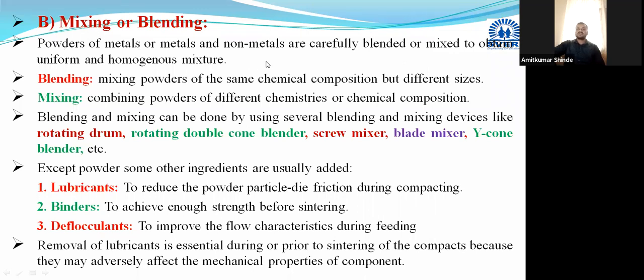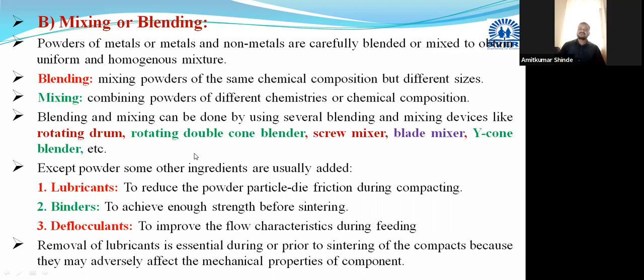This is done to obtain a uniform and homogeneous mixture of whichever metal powders, or metal and non-metal powders, we are using. This can be done using different blending or mixing devices like a rotating drum, rotating double cone blender or Y cone blender, screw mixer, and blade mixer. With the help of these different devices, blending or mixing can be done.